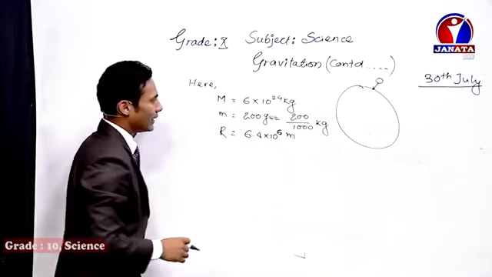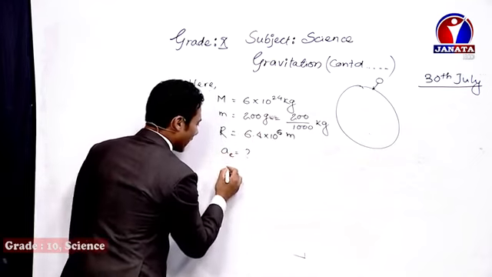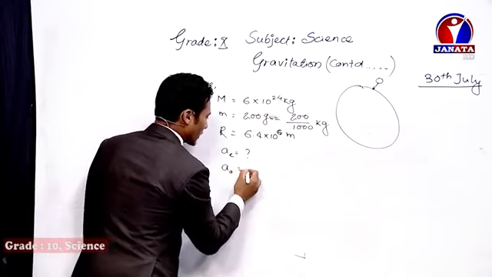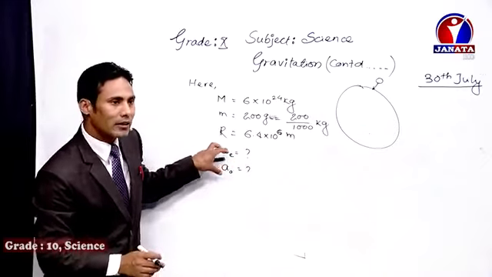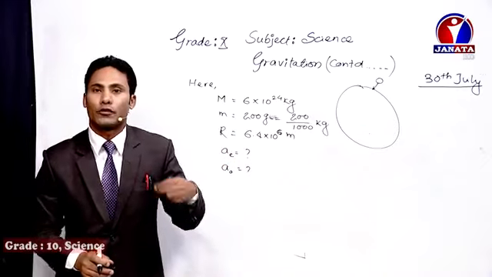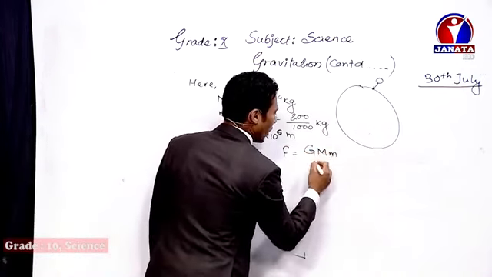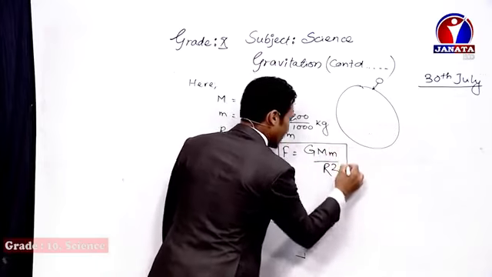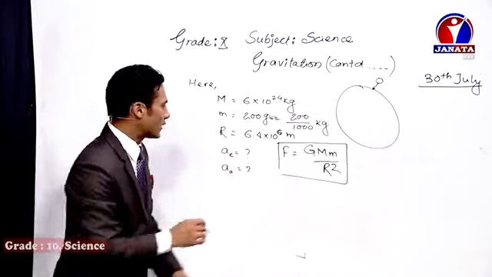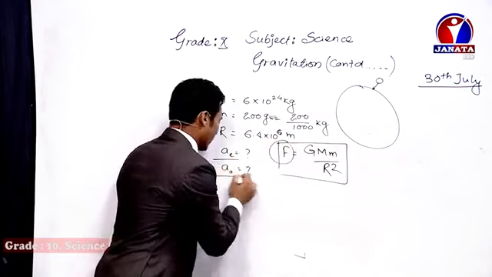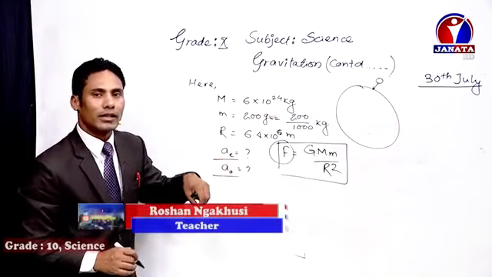And we need to find the acceleration of Earth towards the apple, and the acceleration of apple towards the Earth. For calculating this acceleration, let's calculate the gravitational force first. We can use the formula F equals G capital M small m by r square. Find this, then you will get the force, right? And use this force for calculating the acceleration of the apple towards the Earth, and the acceleration of the Earth towards the apple.